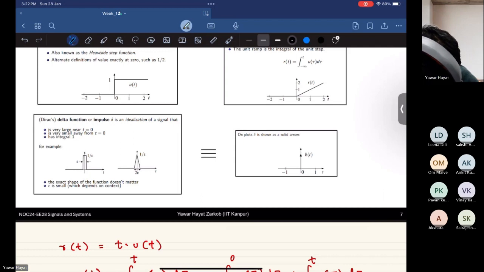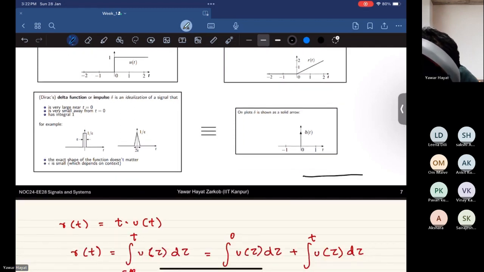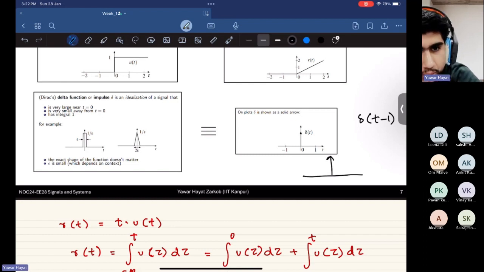Suppose we had delta of t minus 1, then it wouldn't have occurred at t equal to 0, right? By the definition, the argument of the delta function should be 0.